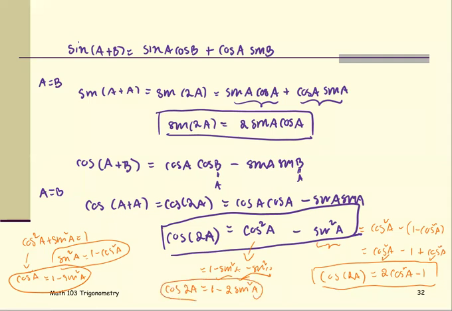That means the cosine double angle has three different forms.